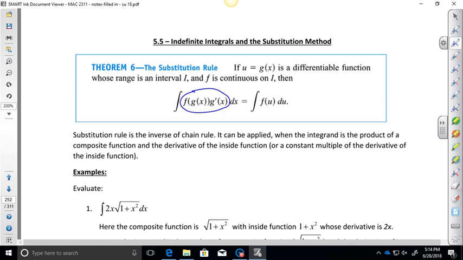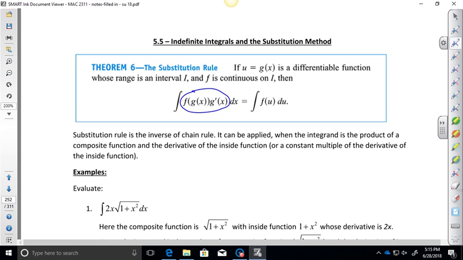Okay, now let's look at another one. Suppose I have this function to integrate: the integral of 1 over (x squared plus 5x plus 7) dx. So what would I take as u? Not 1 over, just this, because the derivative of that is 2x plus 5, right?